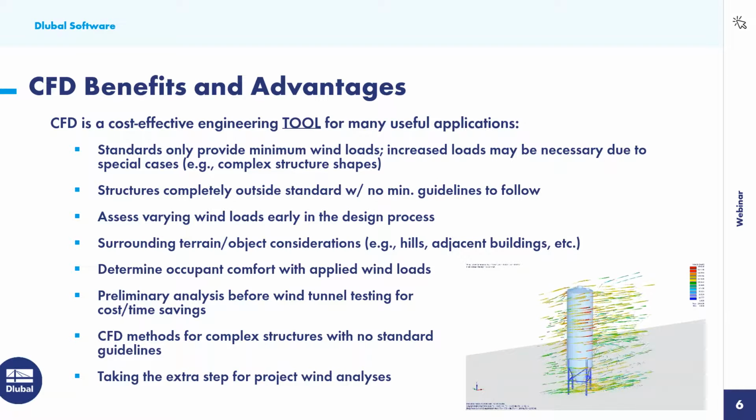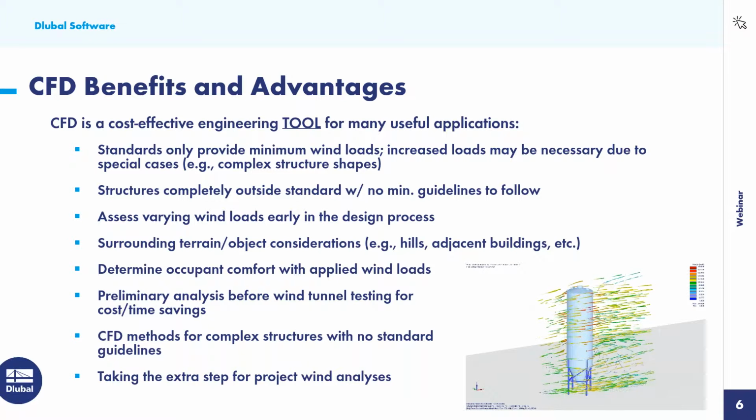We know that codes such as the ASCE 7 and NBC only provide minimum wind loads. It could be in certain scenarios that we need to increase these loads due to special cases, primarily for complex structural shapes.